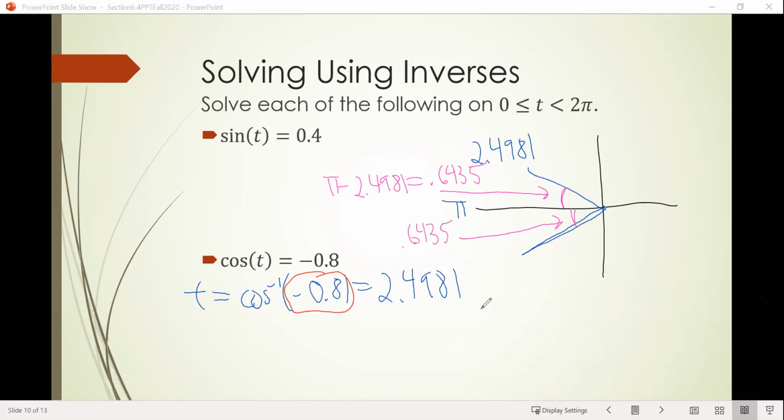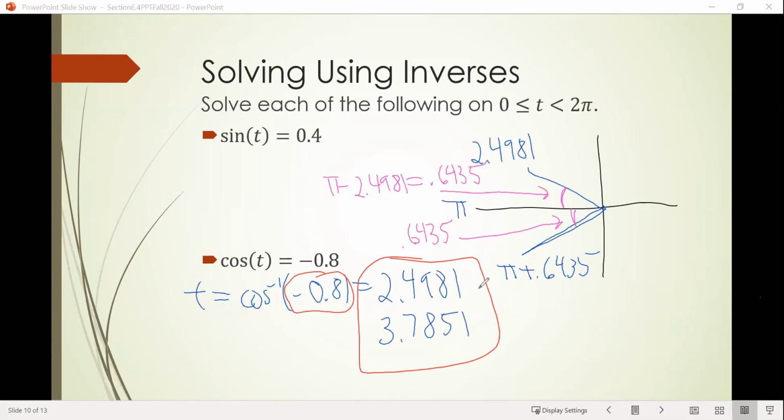And how are we going to find the blue angle now? We'll notice that we're 0.6435 radians past pi. So to find our angle in the third quadrant, we'll need to do pi plus 0.6435. And when I do that, I end up with the second angle here being 3.7851. Okay, so those will be our two answers.